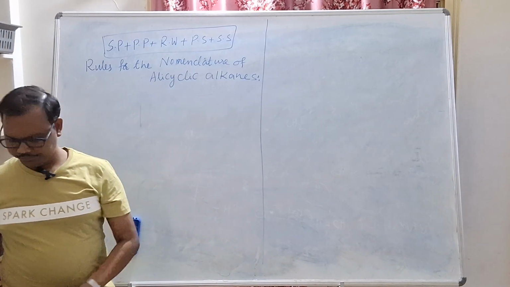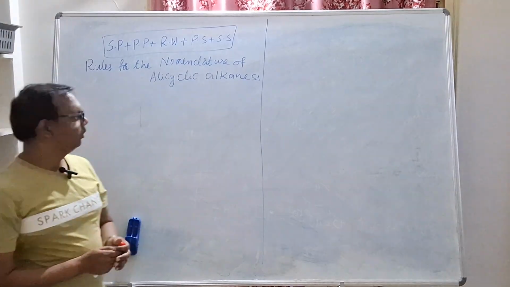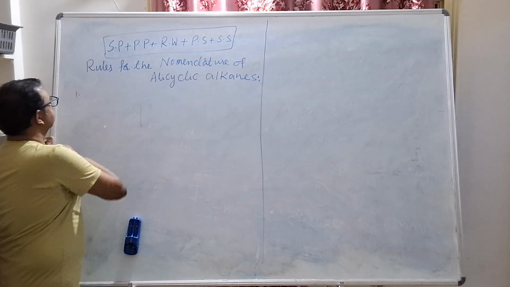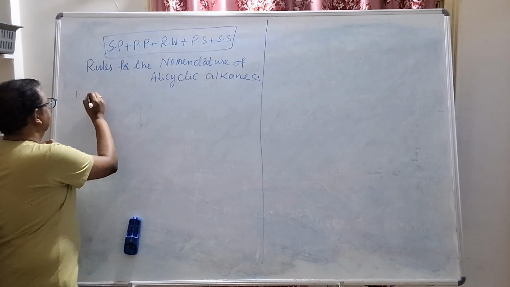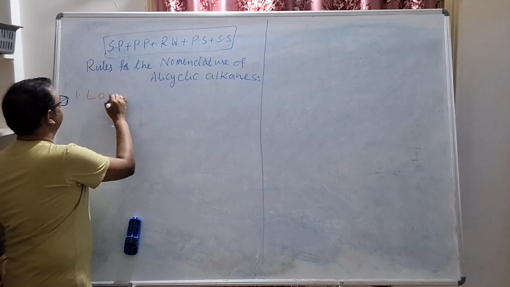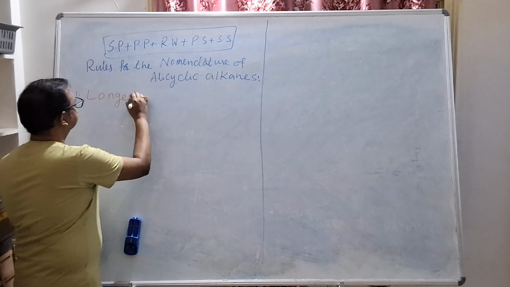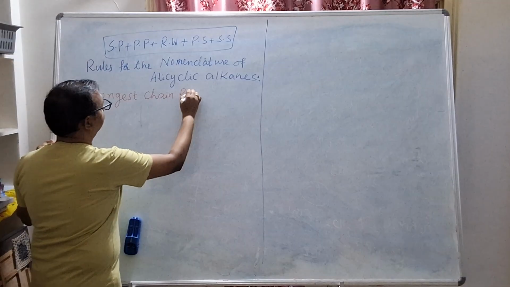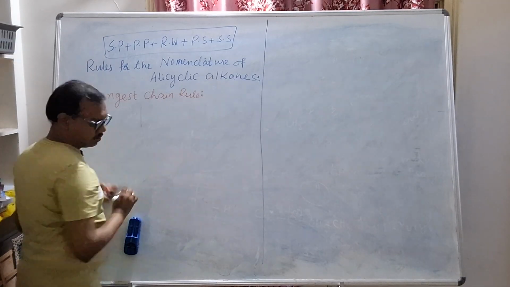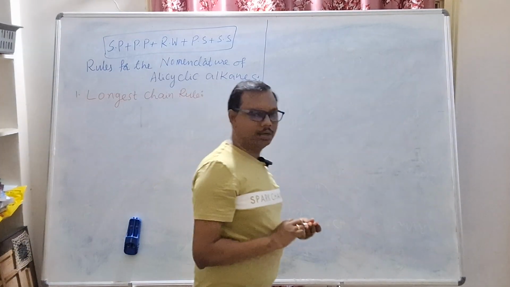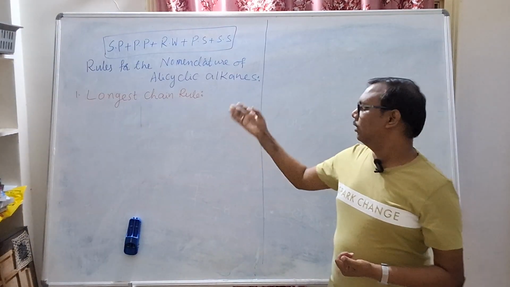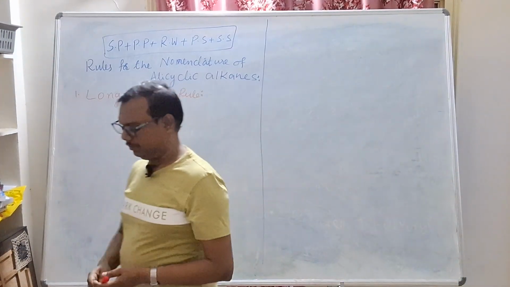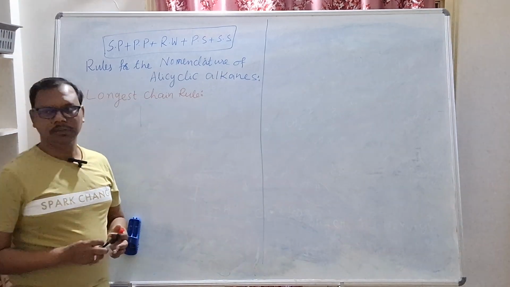Now see here, the first one is the longest chain rule. We have to consider the longest chain rule. Observe that. According to this, you have to choose the longest possible chain in the given compound.